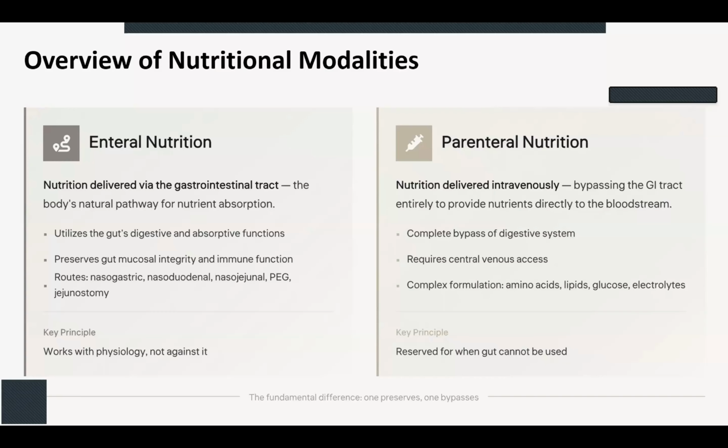In contrast, parenteral nutrition bypasses the gastrointestinal tract entirely and delivers the nutrients intravenously, making it suitable when the gut is not functional. The key difference is that enteral nutrition works with physiology, while parenteral nutrition bypasses the gut.